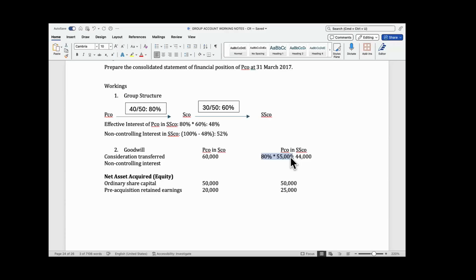That is what I want you to understand. I can't explain what we're going to use this for when I've not gotten there. When I get there, you will see. And that's the net asset acquired for this.